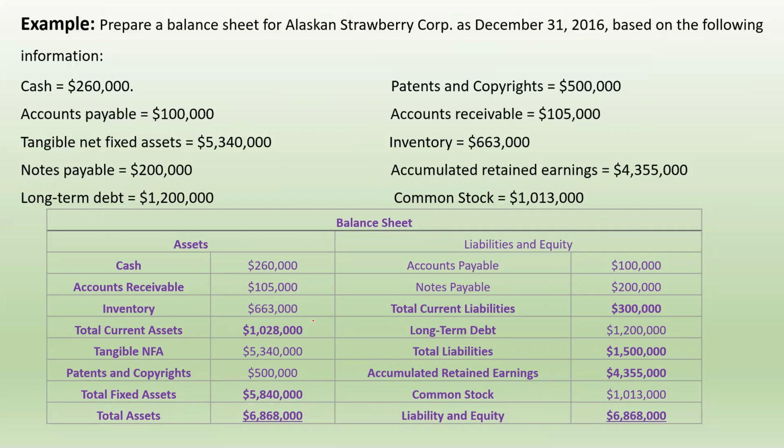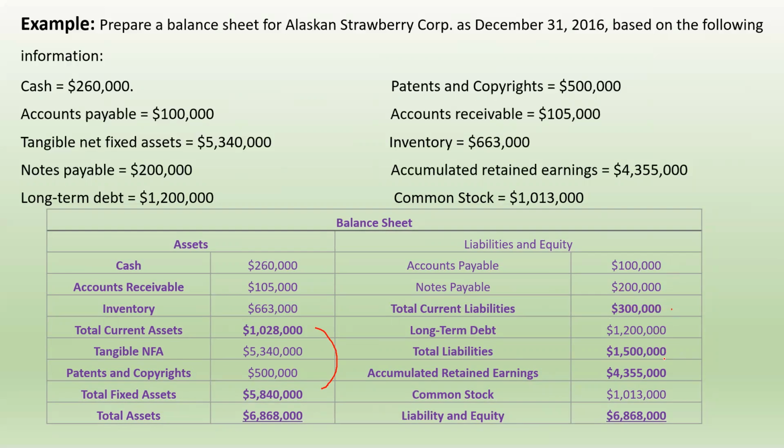Total current assets plus total fixed assets is total assets. For liabilities, total current liability equals accounts payable plus notes payable. Total current liability plus long-term debt is total liability.